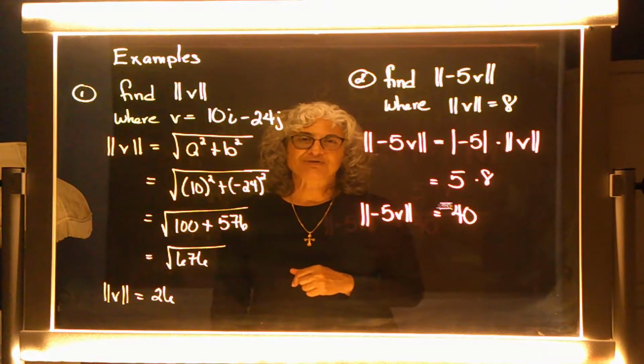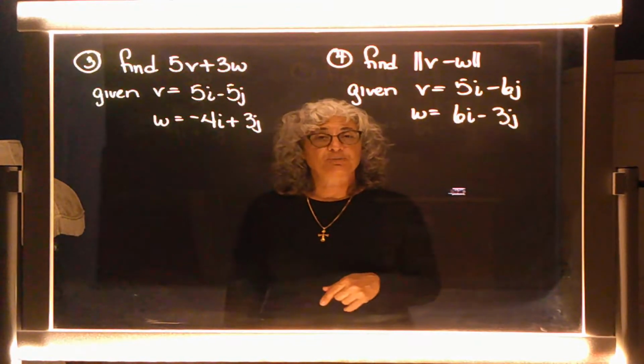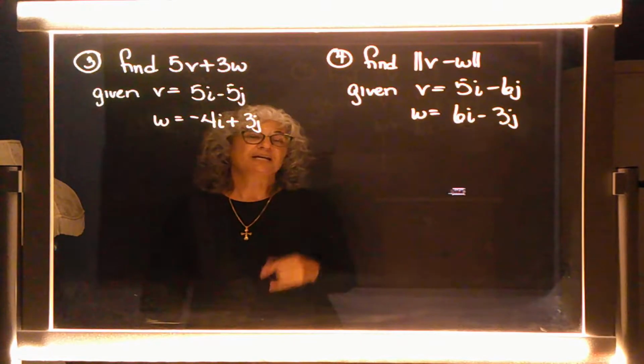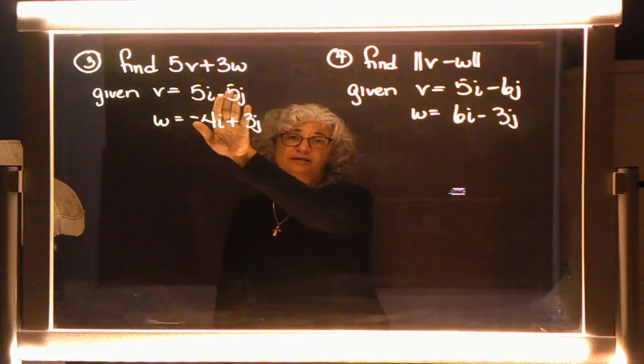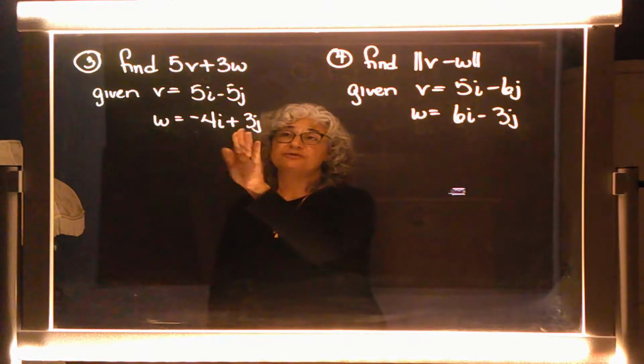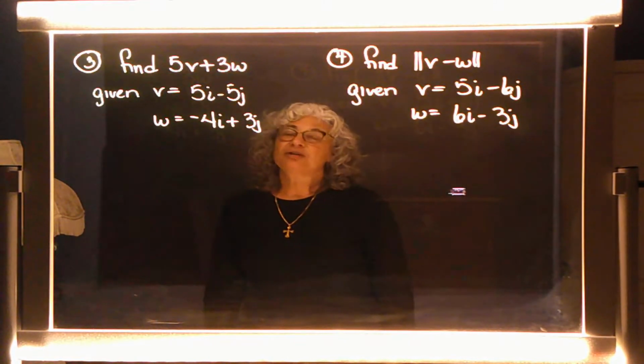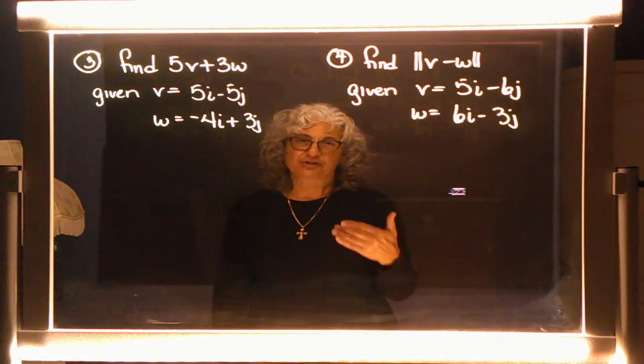Got a couple more examples for us. Okay, so let's look at a couple more examples. Let's look at number 3. They said find 5v plus 3w given vector v is equal to this and vector w is equal to that. Okay, so let's not think too deep about this, shall we?